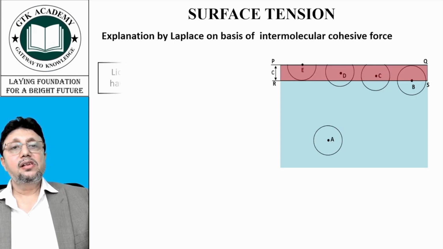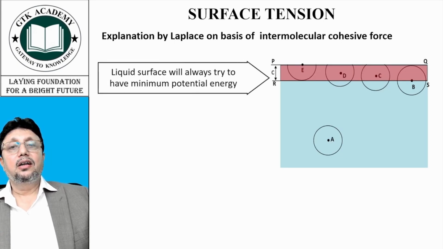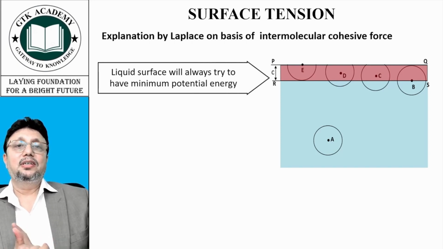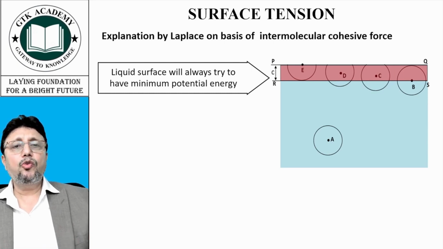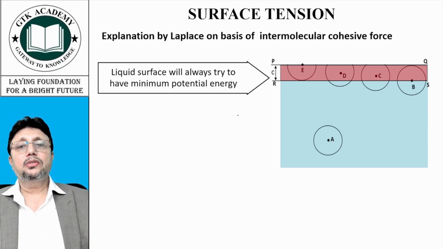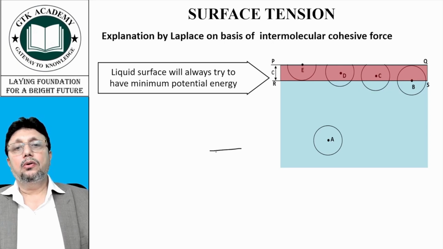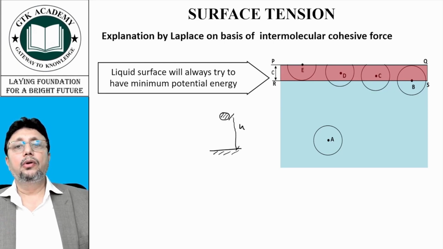So what happens? The liquid surface will always try to have minimum potential energy, because that is true for every system. Suppose you take a ball to a height h. You will increase its potential energy.